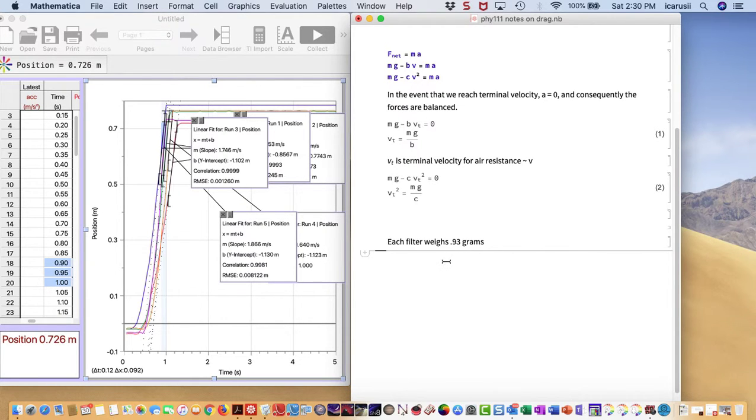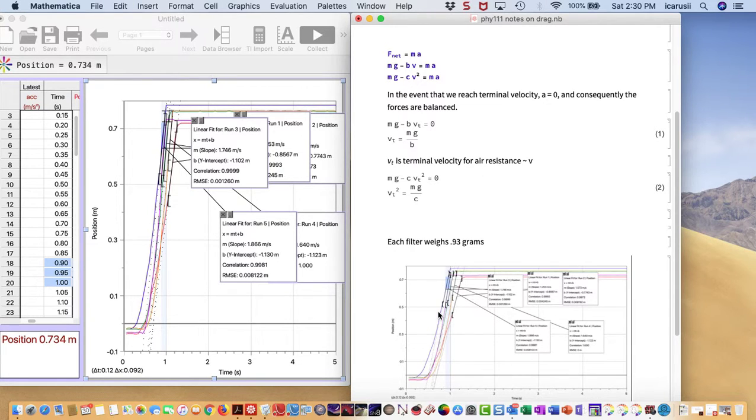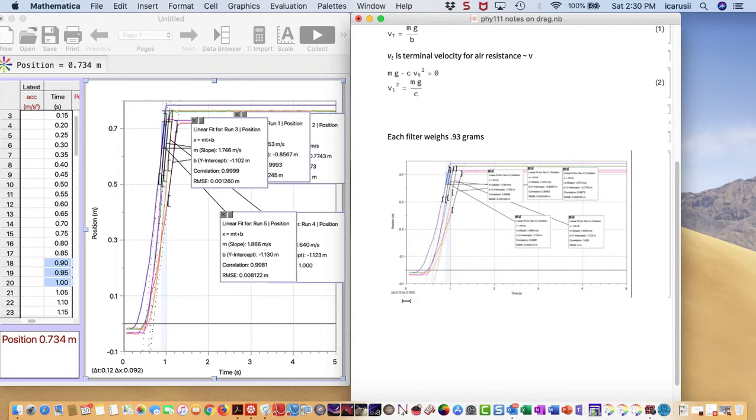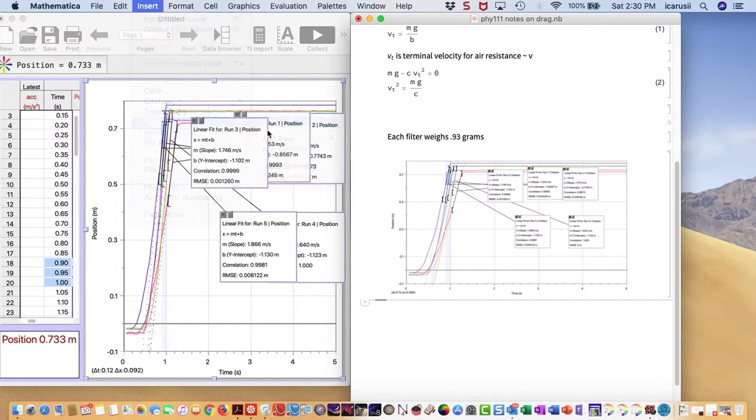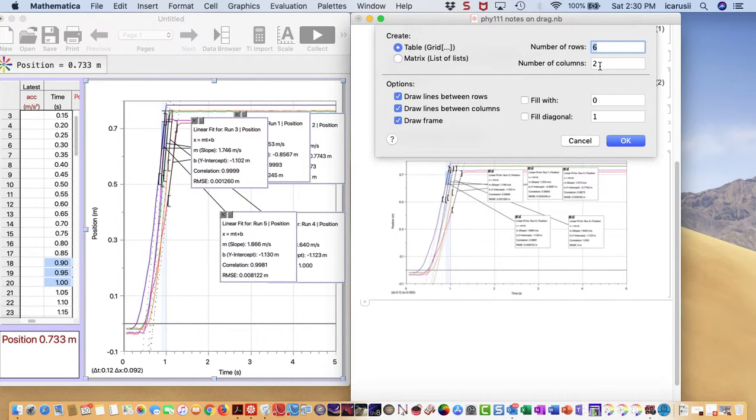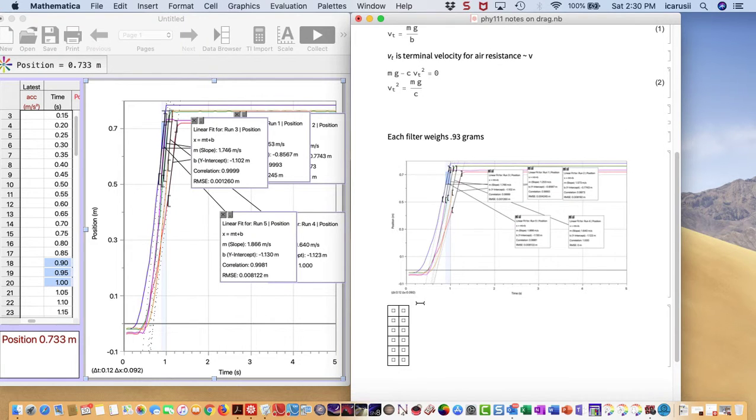So I'll paste my graph into Mathematica. There it is. And now I'm going to create a table. The table is going to have 6 rows and 2 columns. So, okay, let's do new. And I want 6 rows and 2 columns. And we'll click OK. So the top is going to be the headers.